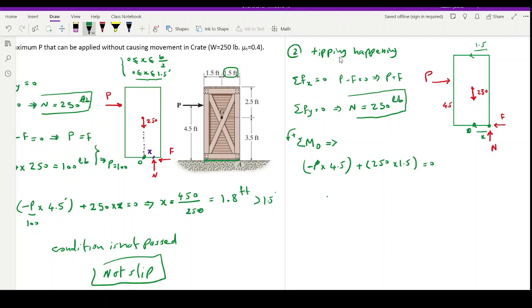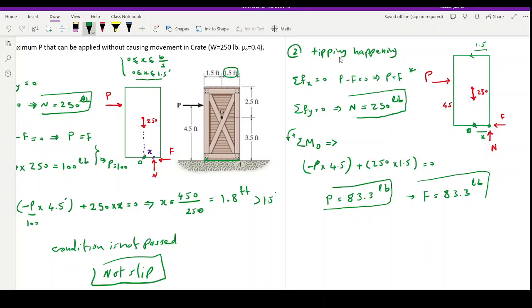From there, P is equal to 250 times 1.5 divided by 4.5, which is 83.3. So this is our P, and from here we said that P is equal to F. Therefore, F also is going to be equal to 83.3.